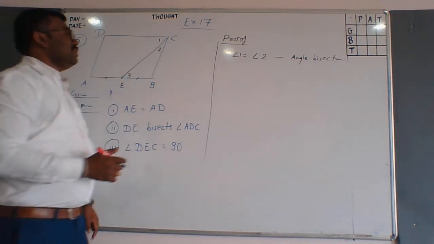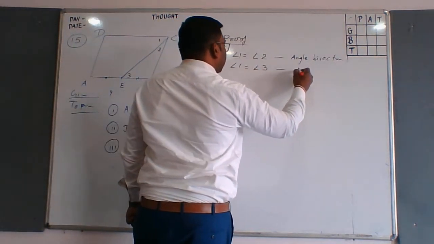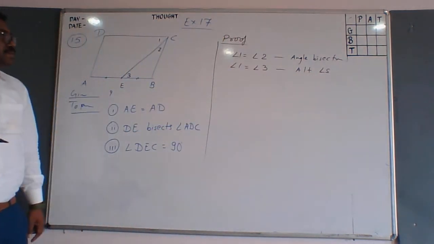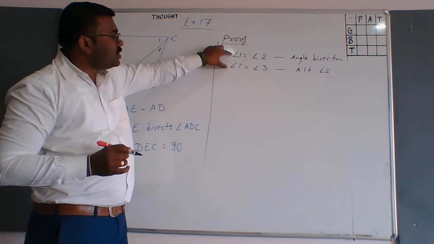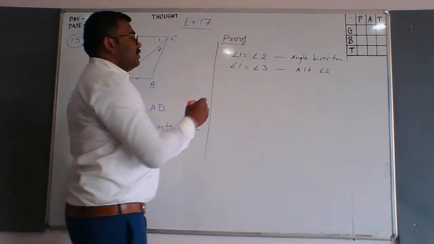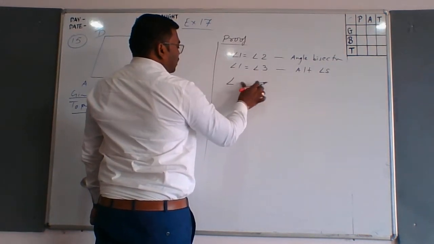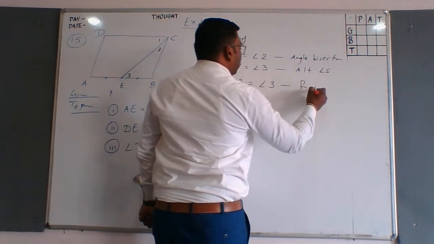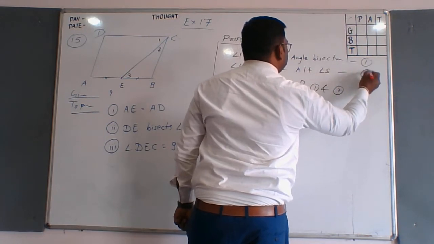Angle 1 and angle 3 are equal because they are alternate angles. Correct? So according to these two statements, in both statements there is an angle 1. That means angle 2 and angle 3 are equal. Angle 2 equals angle 3 from 1 and 2. Let it be 1 and this is 2.